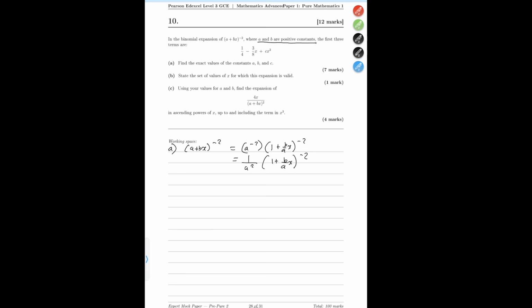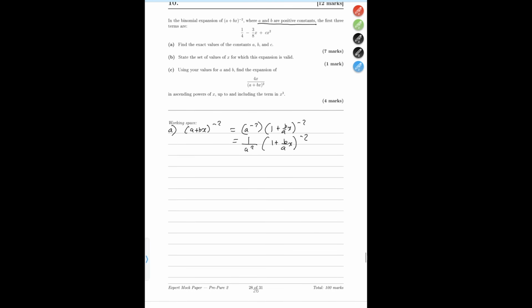So let's start expanding this now. I can already see what my a value will be, but I am going to expand it anyway. So 1 over a squared, my first term will just be 1. Then it will be nx, so it will be minus 2 b over a x. Okay, and now we just have to find one more term. It's going to be minus 2 times minus 2 minus 1 over 2 factorial, b over a x whole squared.